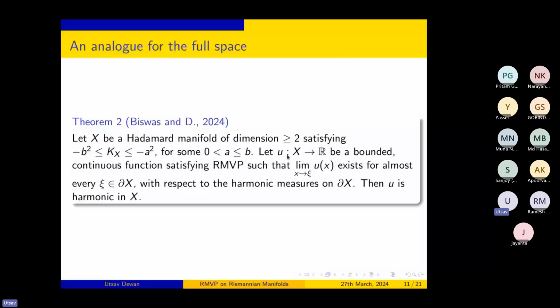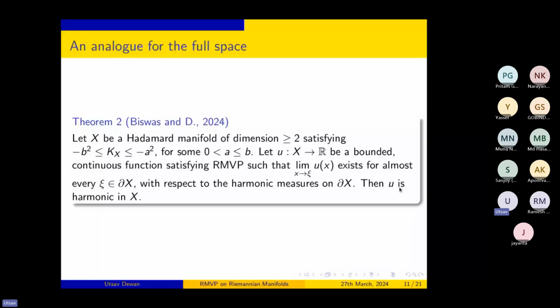Let U from X to R be a bounded continuous function satisfying RMVP such that you have this extra boundary behavior condition: the limit of U(x) as x goes to psi exists for almost every psi in del X. This limit is in the cone topology, with respect to the harmonic measures on del X. Here the harmonic measure class and the geodesic measure class are separate and may not be the same, so we have to specify which measure class we are talking about.